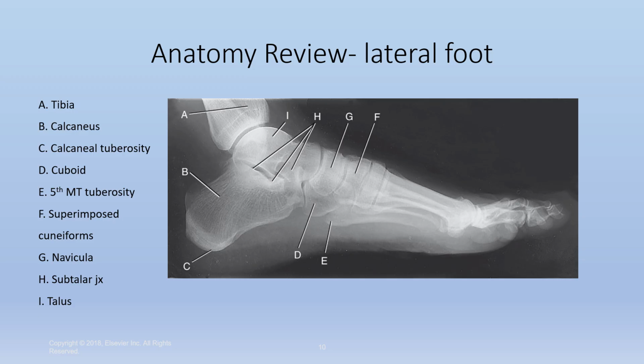Some anatomy to look at in this radiograph. I've gone ahead and labeled them for you. A is the tibia, B is the calcaneus. Notice how large that is.